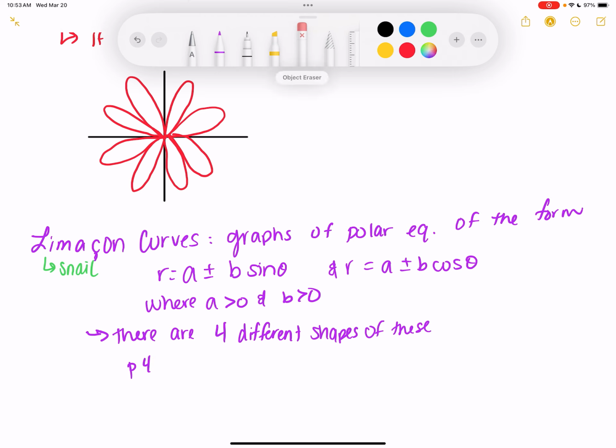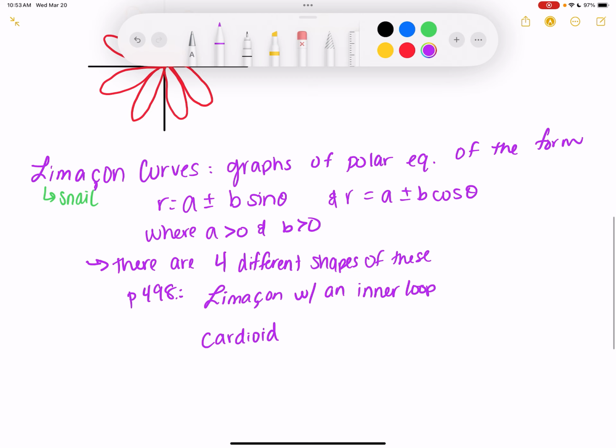But the options are that fancy L word, with an inner loop, cardioid, a dimpled fancy L word, or a convex fancy L word.